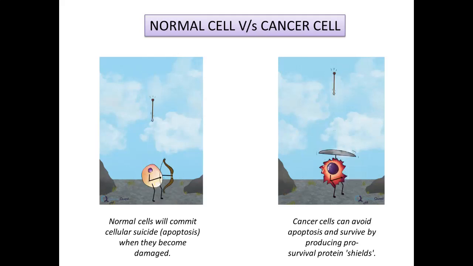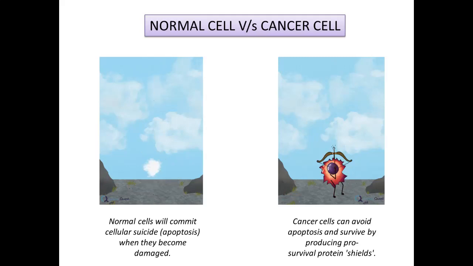But there are some proteins whose function is to keep the cells alive, working like a protective shield, like a bulletproof capsule covering the cell and preventing it from dying. As we can see in the second graph, which depicts the cancer cells, the cancer cells are not dying easily.